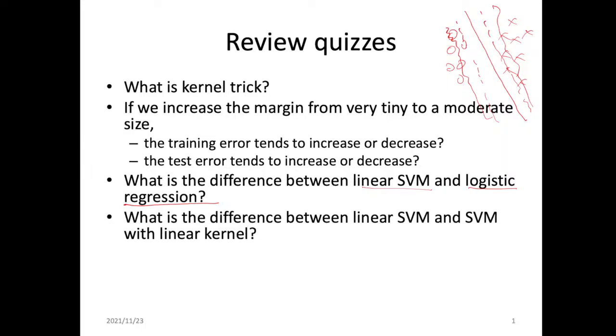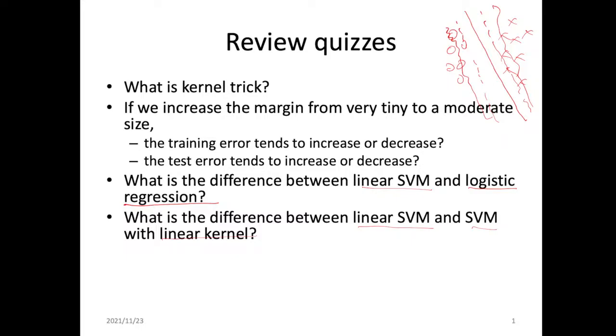Next question, what is the difference between a linear SVM and an SVM with a linear kernel? The answer is, if we just talk about the prediction power, then linear SVM and SVM with linear kernel are identical.